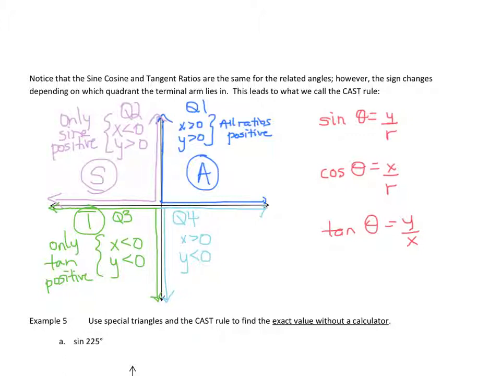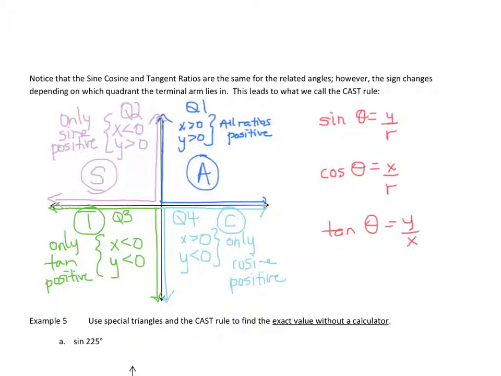So if x is positive and y is negative, then the only ratio that will be positive in this quadrant is cosine. And so we'll mark that off with a C.